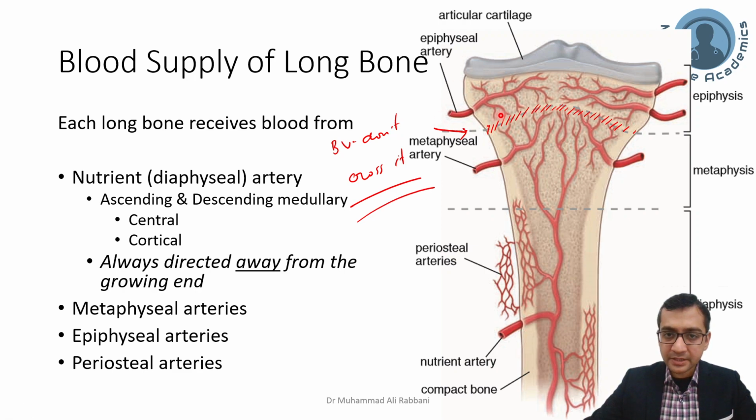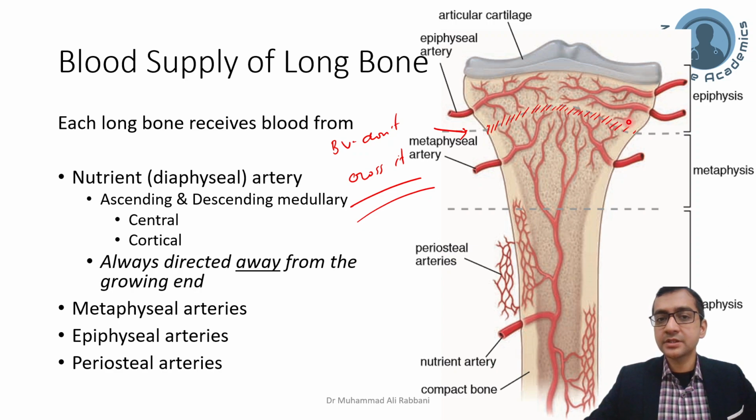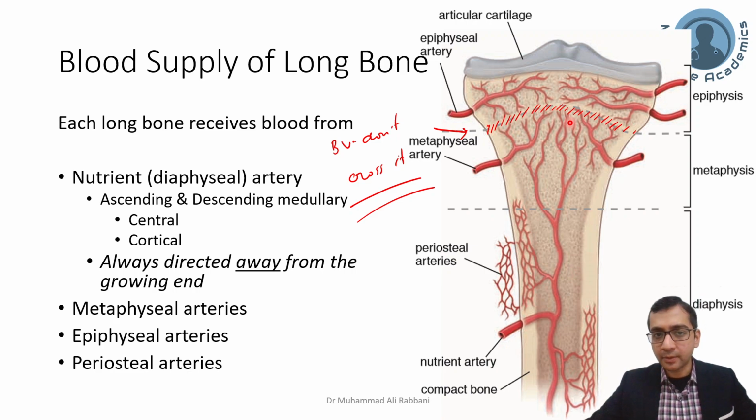There is a growth plate present, and no blood vessel pierces the growth plate and moves to the other end. That becomes clinically very important, because of the growth plates, the blood supply of the epiphysis becomes totally independent of the blood supply of the diaphysis and metaphysis.